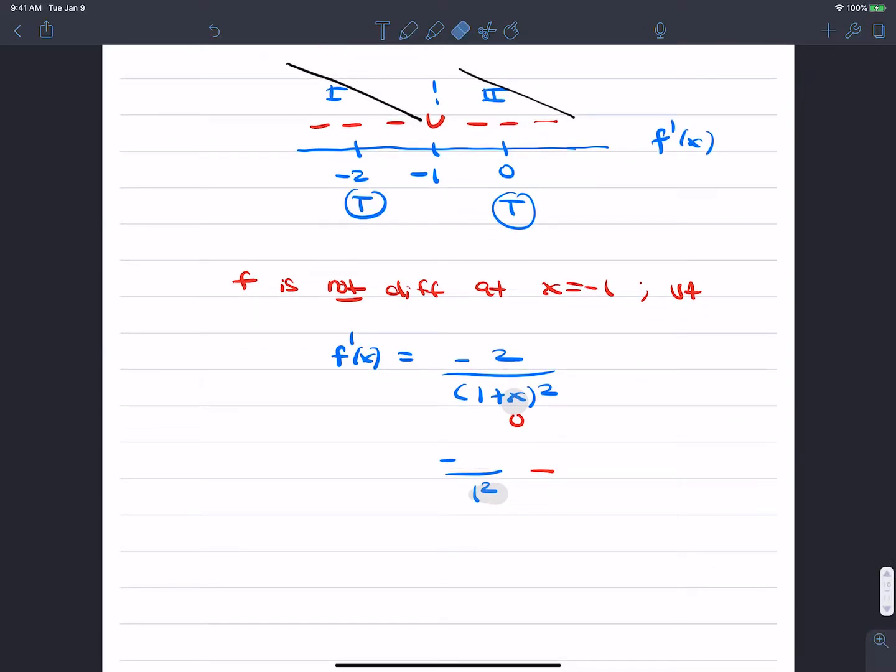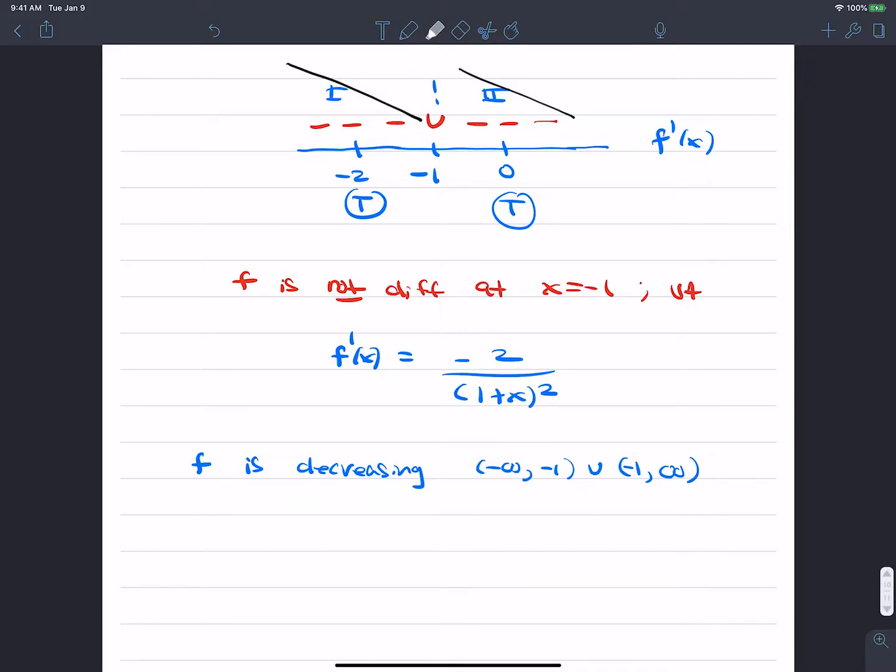Let's make a note here: my function f is decreasing. Under what interval? Negative infinity up to -1, union -1 up to positive infinity.